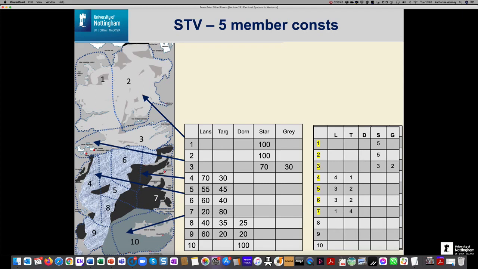What about constituency number 8 that we've talked about before? It's broken down roughly in proportion to those populations. You've got Lannisters are 40%, Targaryens 35%, Dornish are 25%. So you'd expect the Lannisters to get 2, you'd expect the Targaryens and Dornish each to get 1, but who's going to get that final seat? And there, we talked before about the alliance between the Targaryens and the Dornish.